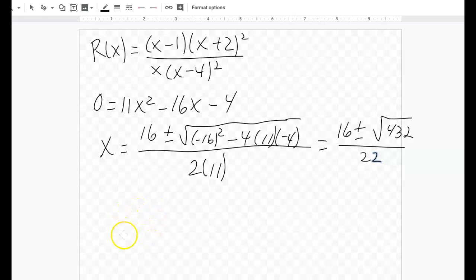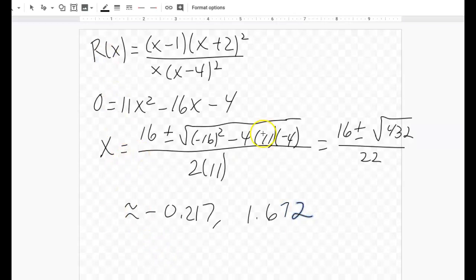And so these come out to approximately negative 0.217 and 1.672.